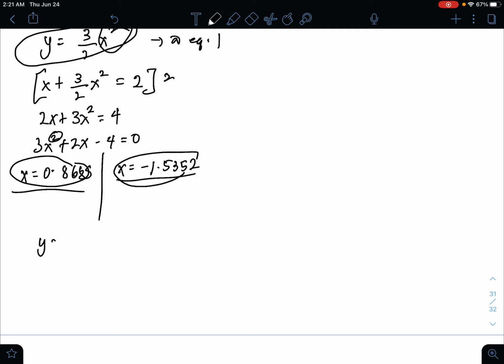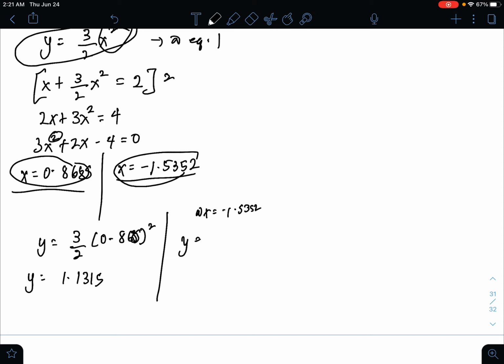So y is equal to 3 halves times 0.8685 squared. It's 1.1315. So for x equals negative 1.5352, your y is 3 halves times negative 1.5352 squared.